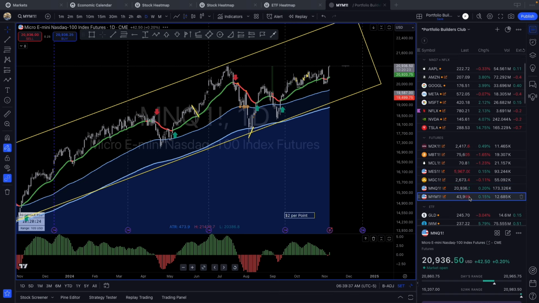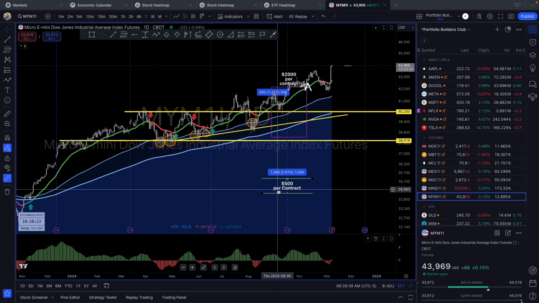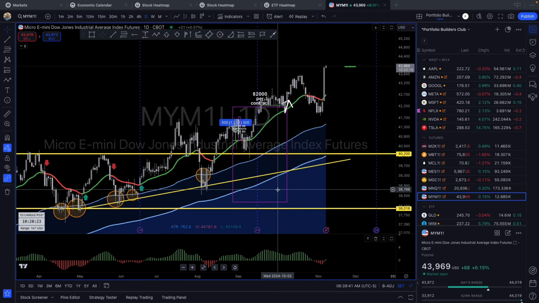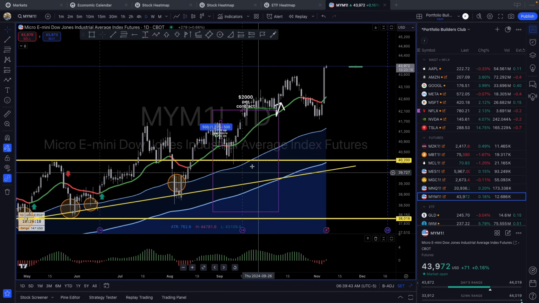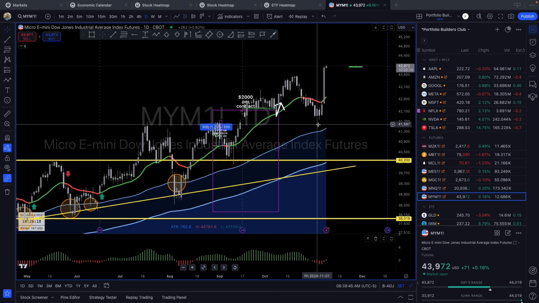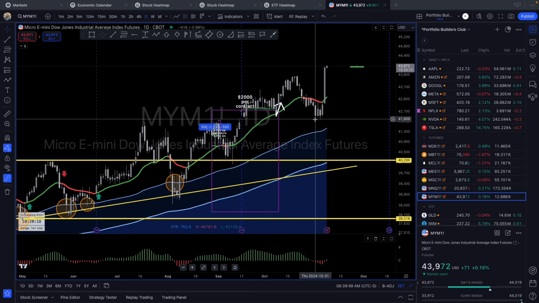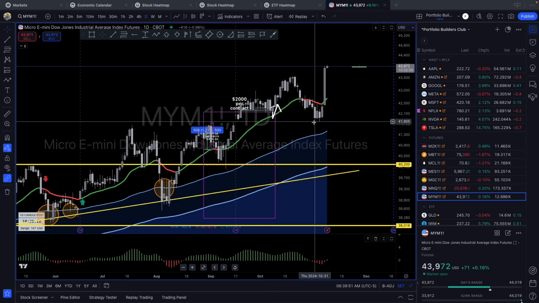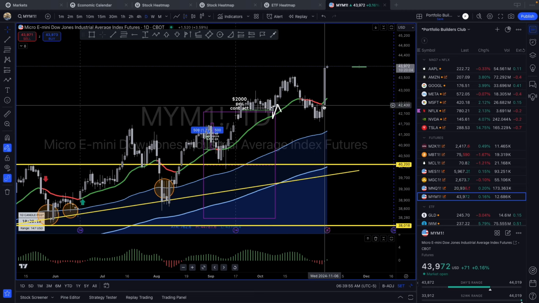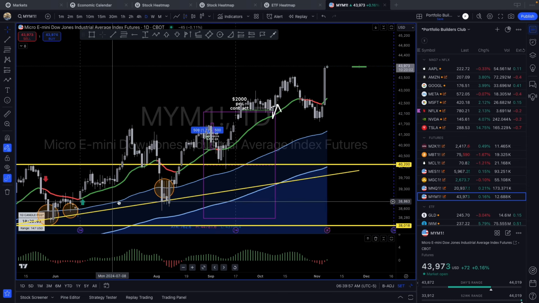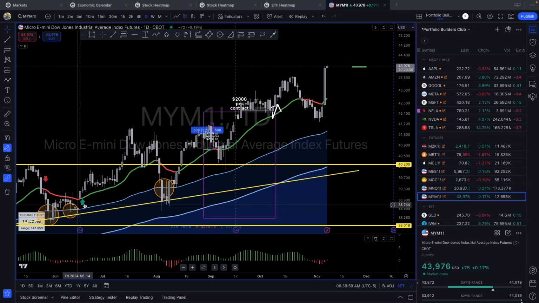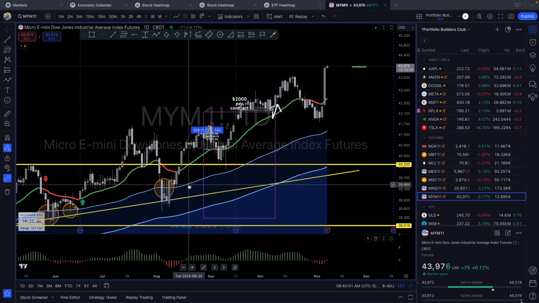All right, let's take a look at the Dow. So the Dow is looking very similar to the other charts we were just looking at for ES and NQ. This is the futures contract for the Dow, YM. This is a micro contract. So as you continue to see, price is moving up. We've already indicated some value prices, discount prices here near the 100-day moving average.